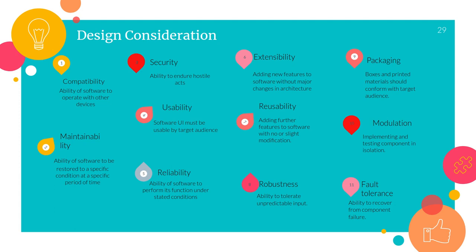Okay, and then modularization. So implementing and testing the components in isolation. And then we have the fault tolerance. For a system to be fault tolerant, it should be a distributed system. For distributed systems, even if one system goes off, the application continues running, and that's why it's very difficult to debug partial failure in distributed systems.